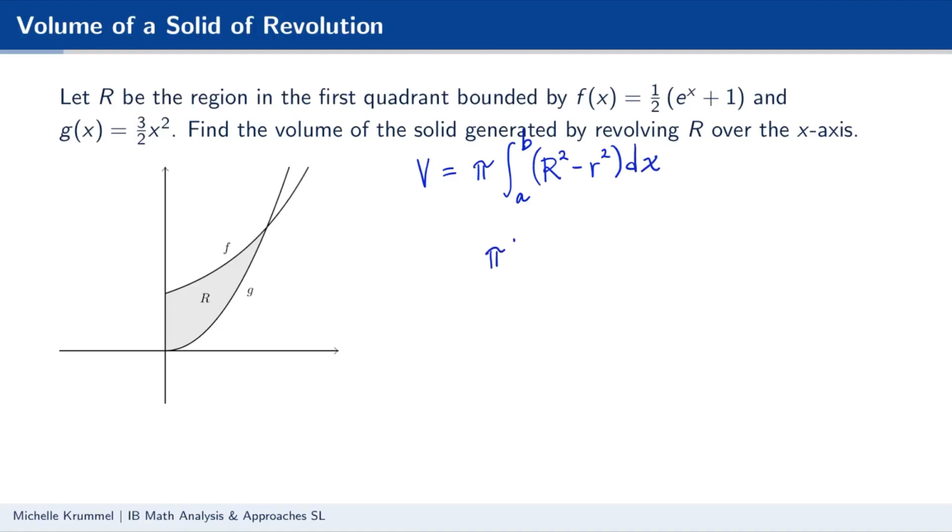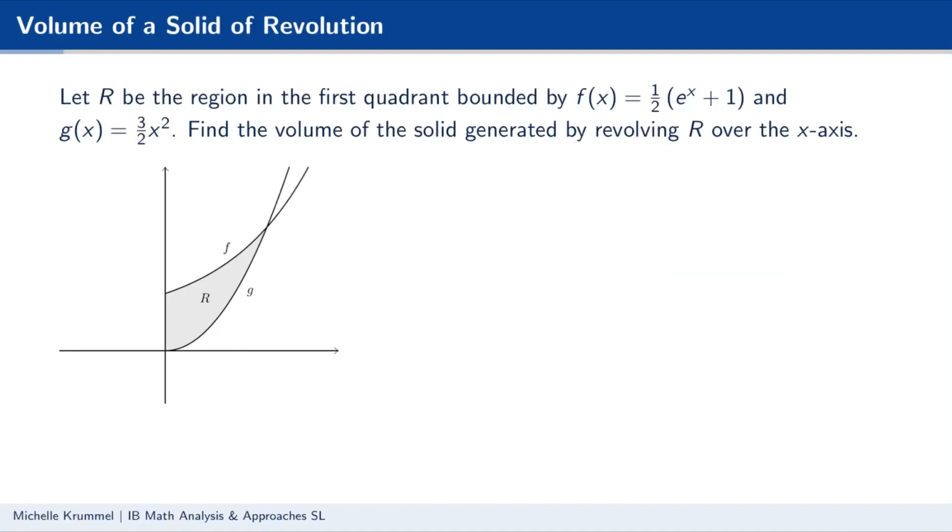So the pi big R squared dx represents the volume of the larger disk, and then the pi little r squared dx represents the volume of the smaller disk. This is just the empty space disk, and this is the whole thing as if we had filled in the empty space. So we combine them into one single integral.